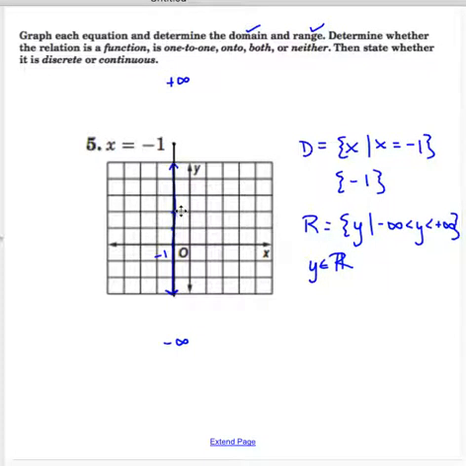Absolutely there's one. This vertical line intersects infinitely. It's the same vertical line. So it intersects an infinite number of times. So it fails the vertical line test. So it is not a function. Therefore, it's not one-to-one and it's not onto, because it's not a function.